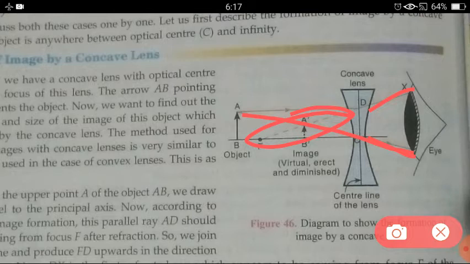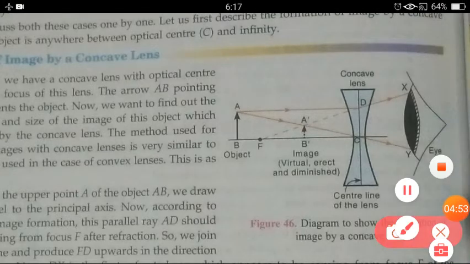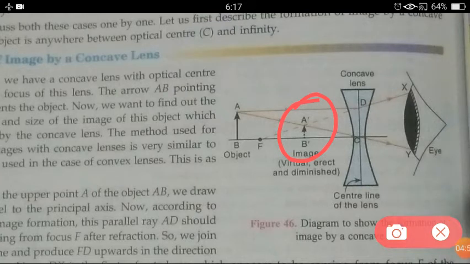When they both meet at one point, that is where we have our image. So this will be a virtual, erect and diminished image. You can see the size is smaller than the object. So if the object is anywhere beyond f, we are always going to have our image between f and c, and this is the virtual image.